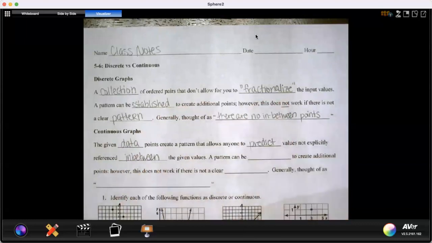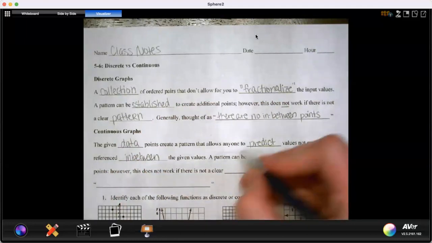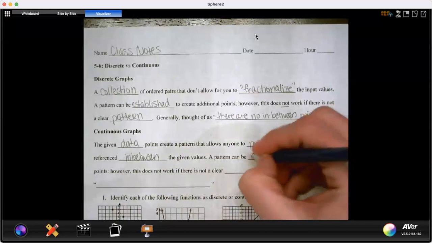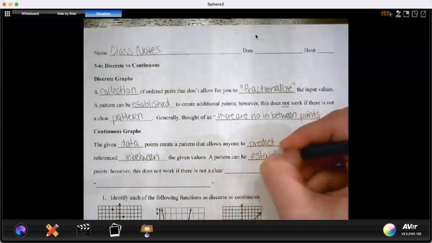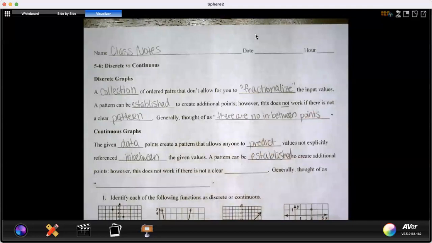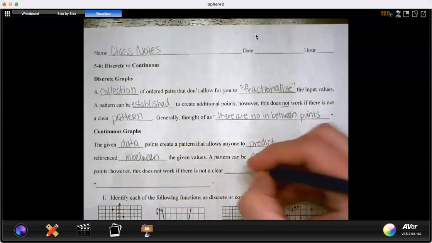Now, in the same situation as discrete, with continuous, a pattern can be established to create additional points. However, this does not work if there's not a clear pattern.